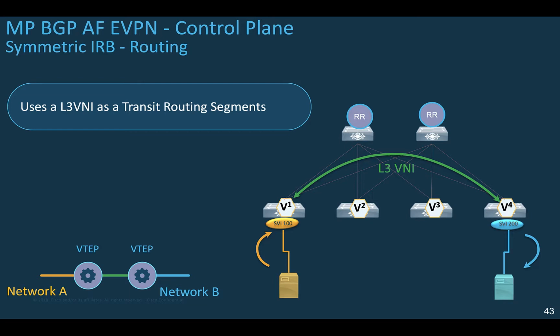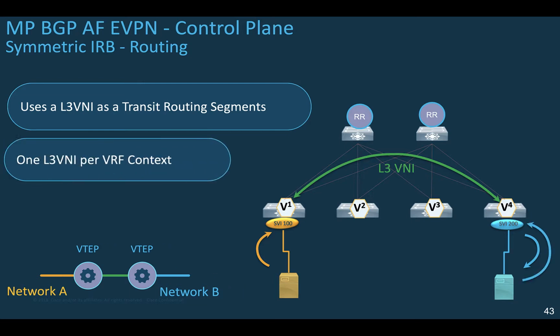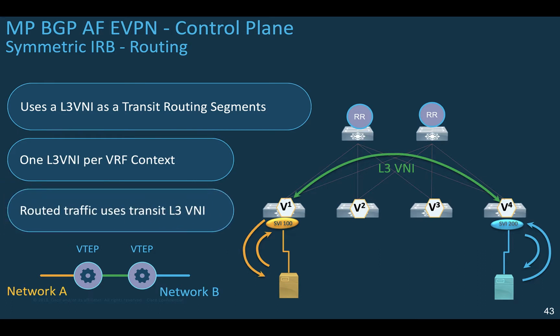So the layer 3 VNI in the VXLAN header provides the VRF context in which the routing lookup is performed. Only one layer 3 VNI exists per VRF context that each VTEP can use for routing transport, right? So the routed traffic uses the transit VNI, the layer 3 VNI.